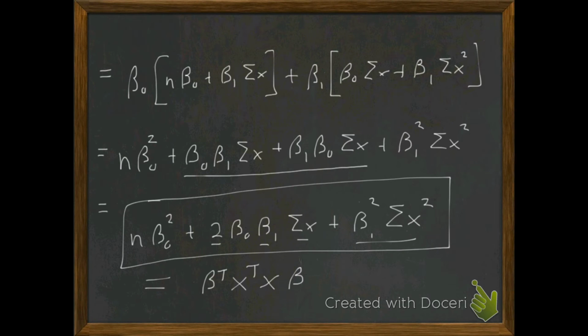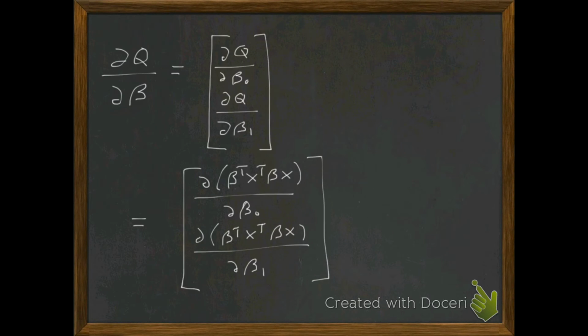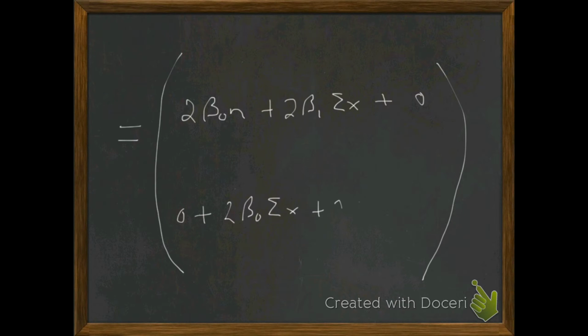And the last term, I get 2 beta 1 sum x squared. Now, clearly we can get rid of the zeros. And what we have from here is we can see that we can easily factor out 2.